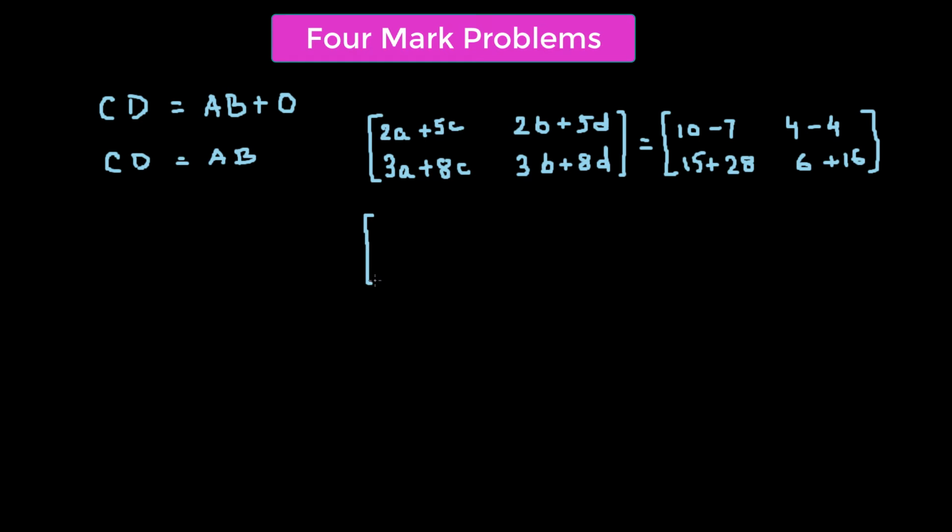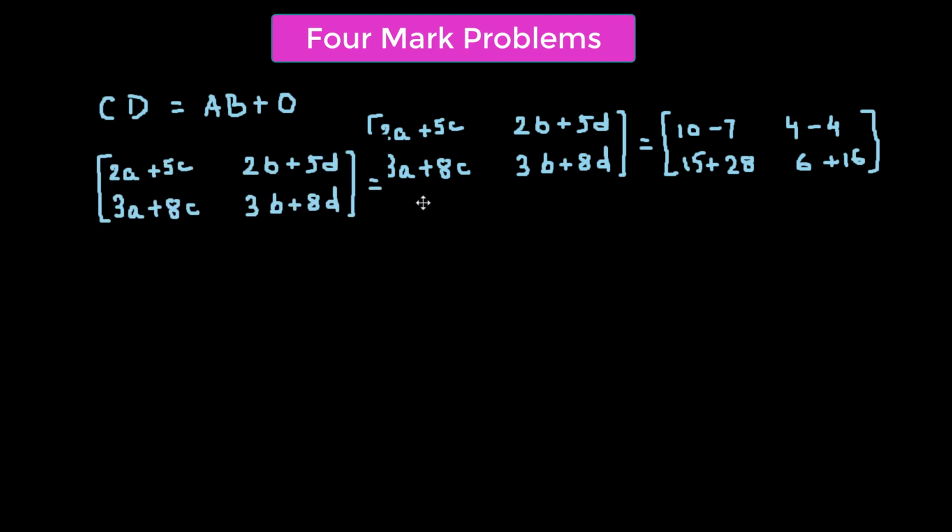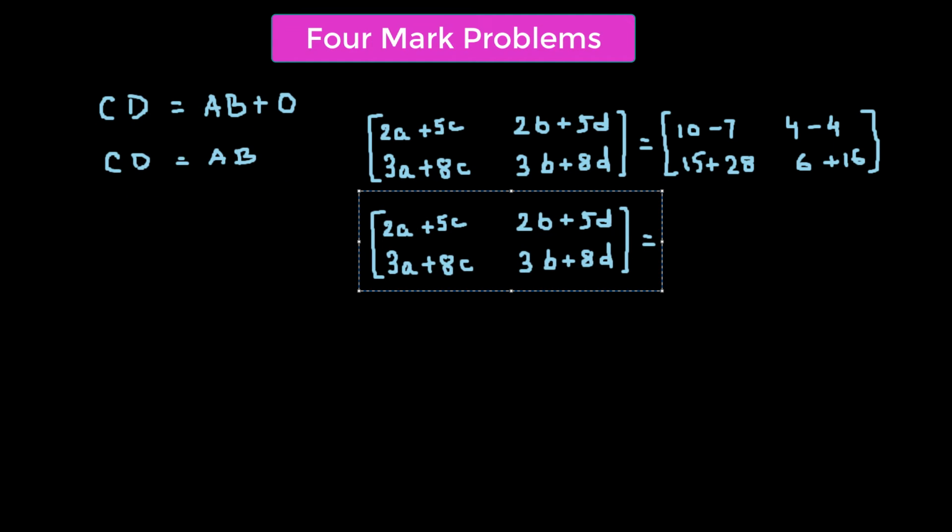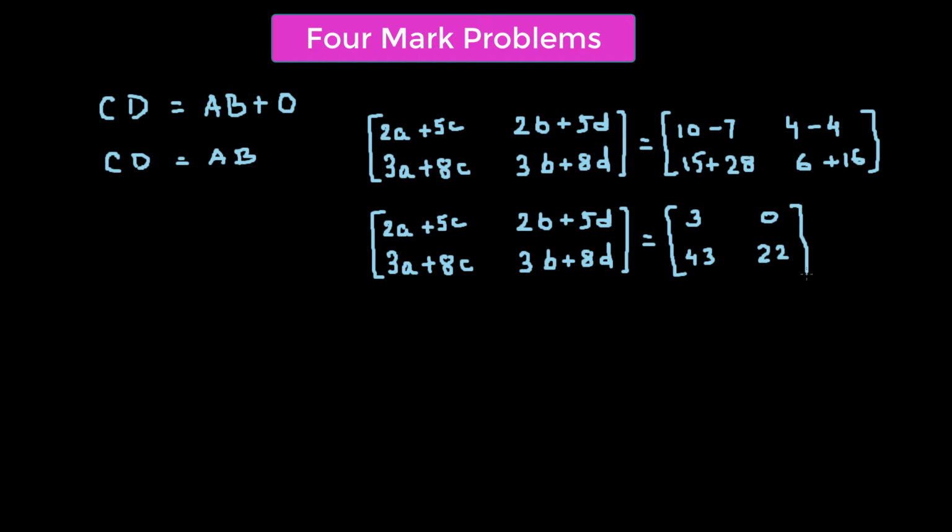Let me copy this value and rewrite: 10 minus 7 is 3, 4 minus 4 is 0. This is going to be 43, and 16 plus 6 is 22.